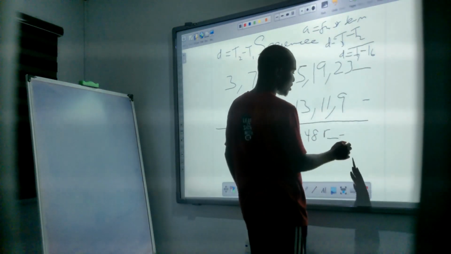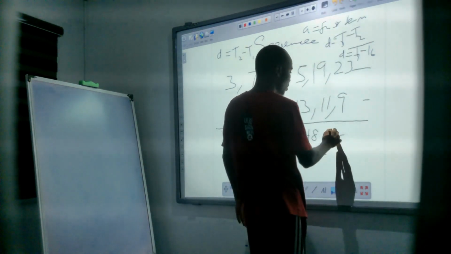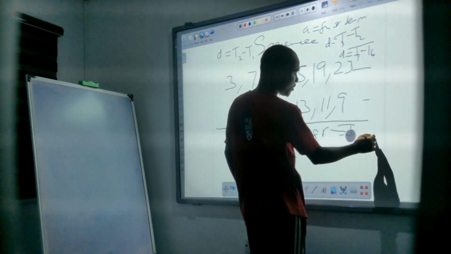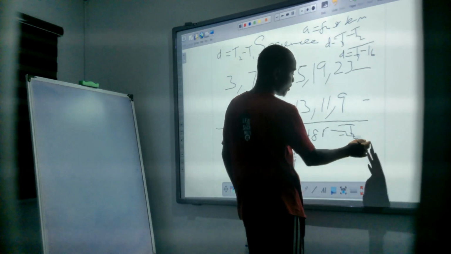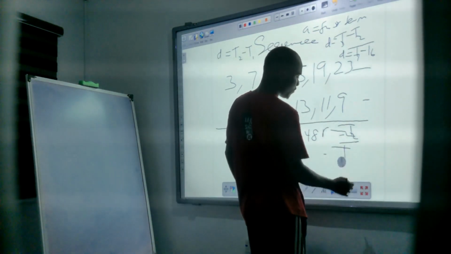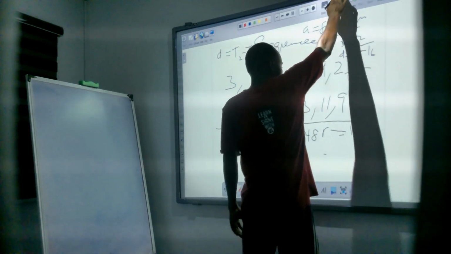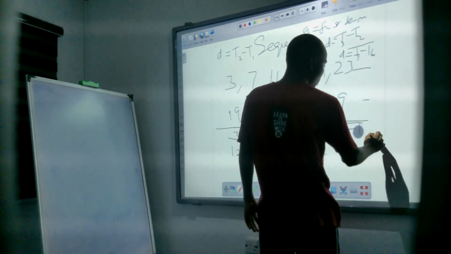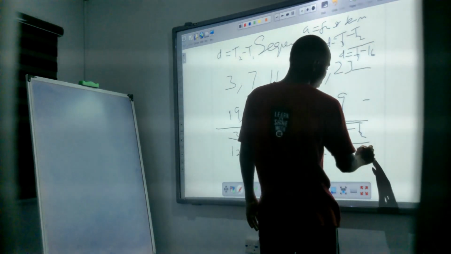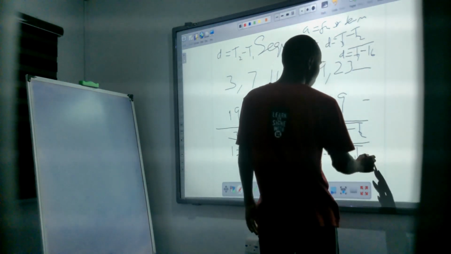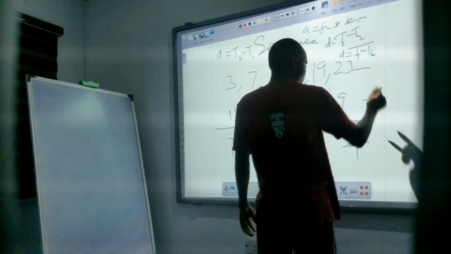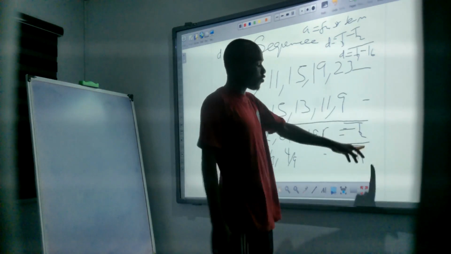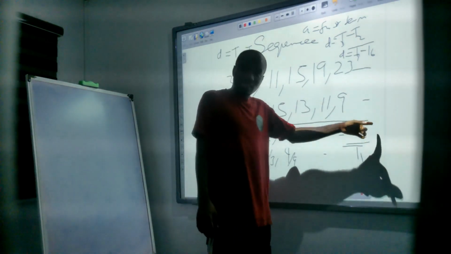A term, that's the second term, is always divided by the term before it, the first term.